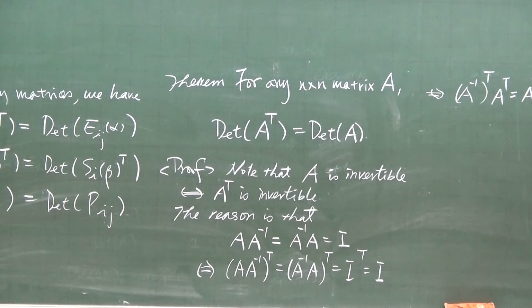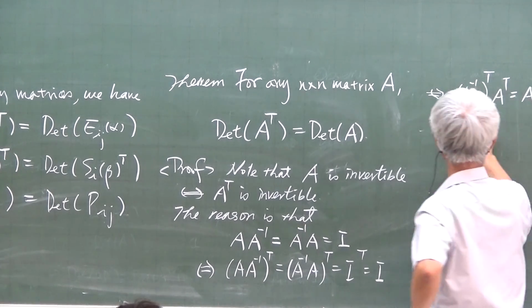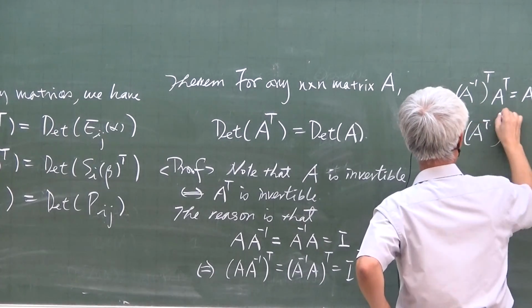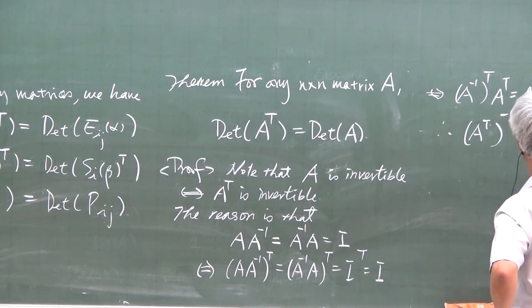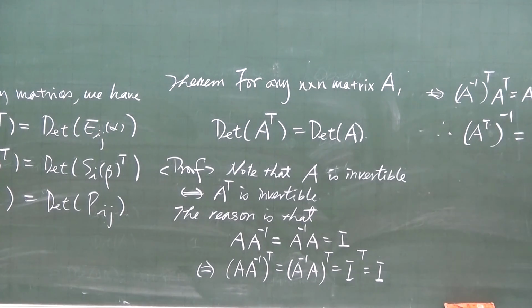So it shows that A transpose is invertible because it has a right inverse and a left inverse, and the inverse of the transpose is equal to the transpose of the inverse of A. That is a little bit of review of the results in chapter 3.